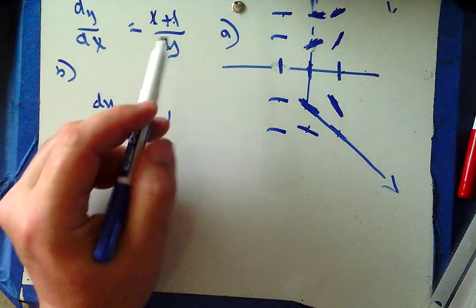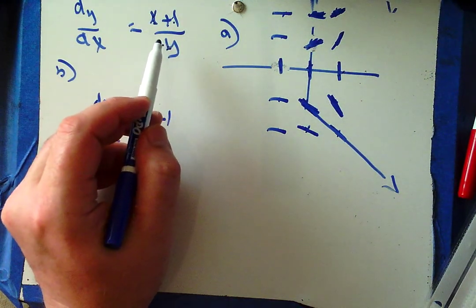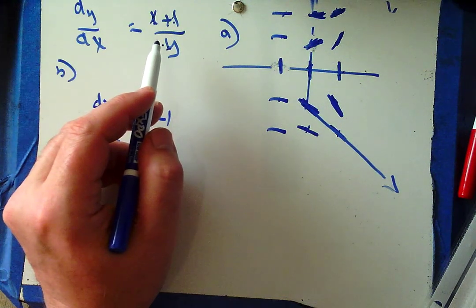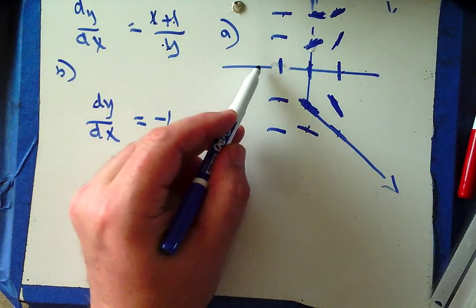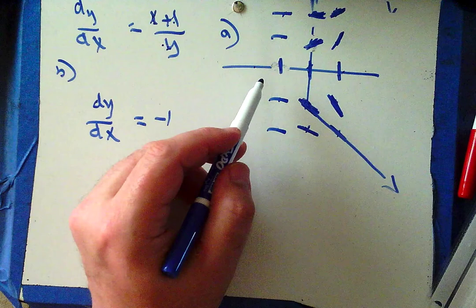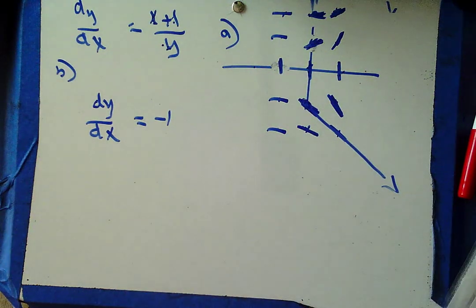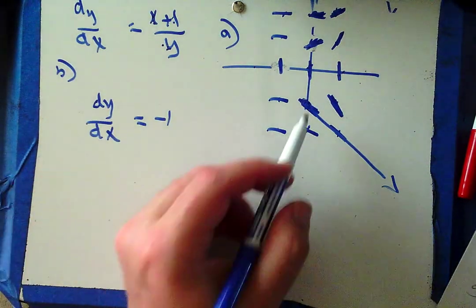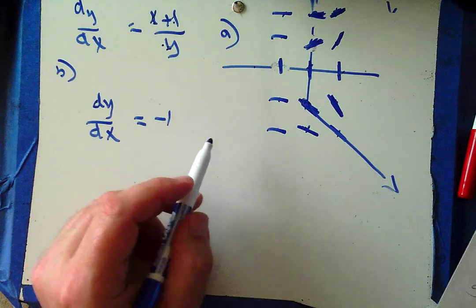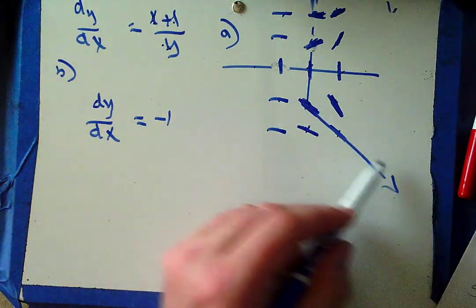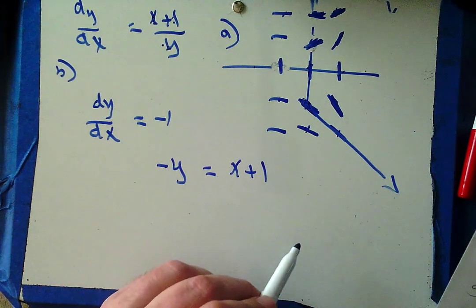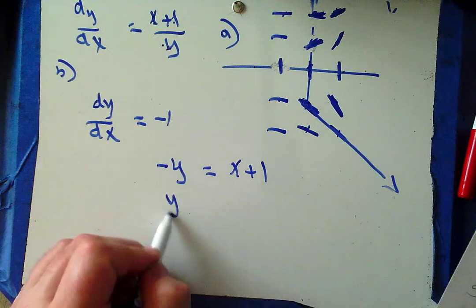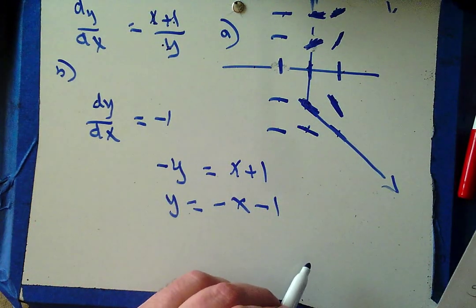And negative 1 slope happened when, what's the equation of that line? Well, oh, I know. When the slope was negative 1, when negative y equaled x plus 1. So that's y equals negative x minus 1.